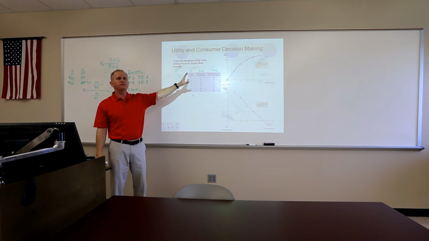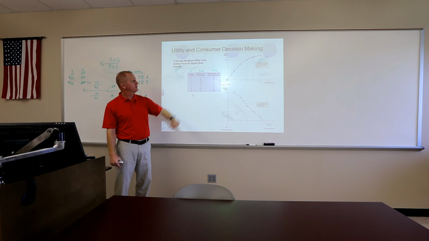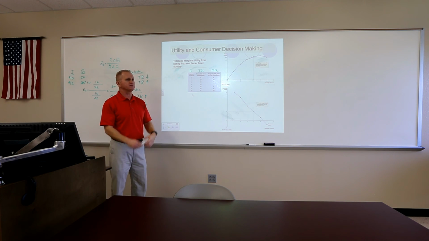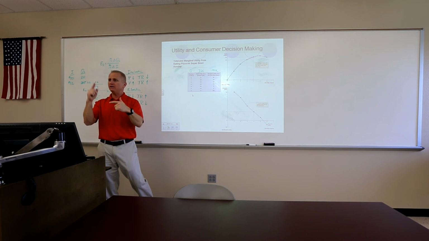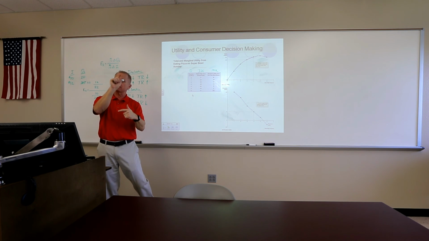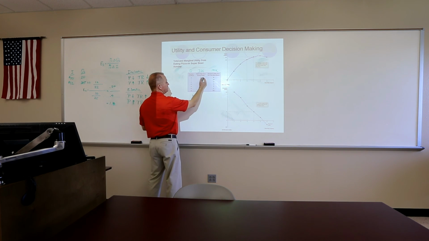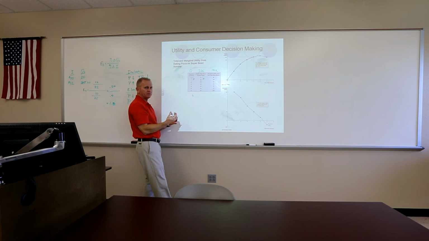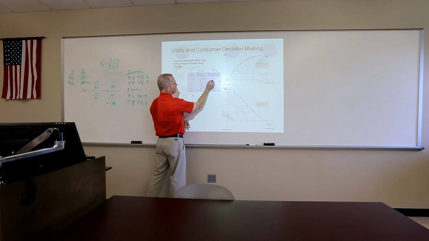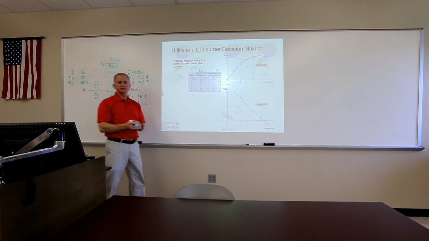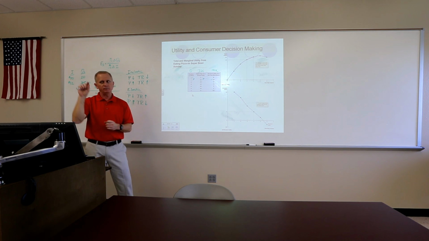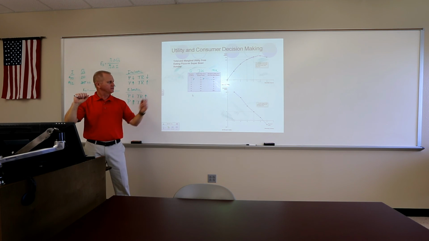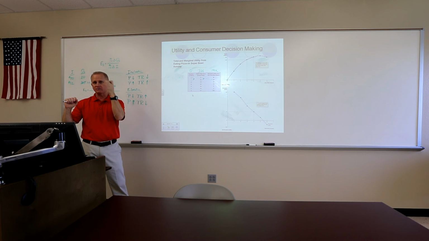Then for the next column, the marginal utility, all you do is take the difference between eating 1 slice and 2 slices, 2 slices and 3 slices. So between 0 and 1, what was the change, the marginal amount? 20. And they put it there on the cell. Technically, it should be between the rows, but using a spreadsheet it's hard to do, so they put it on the next row down.